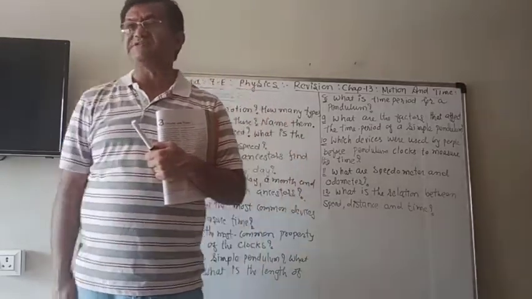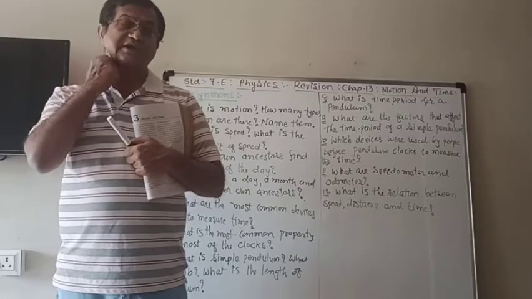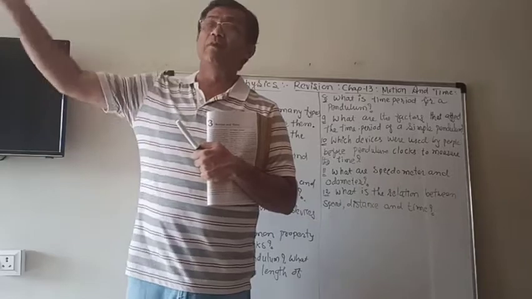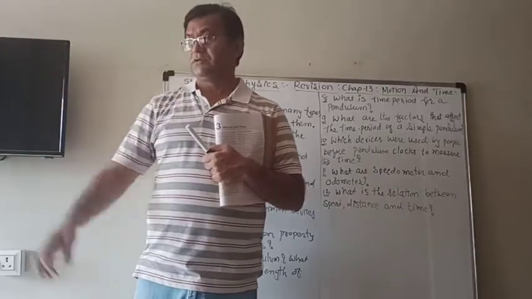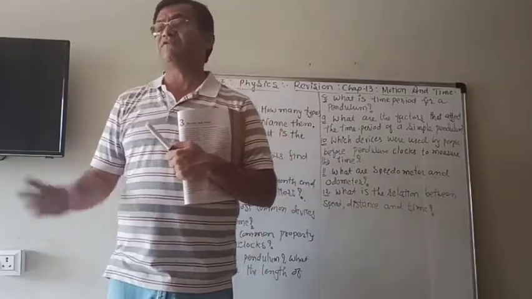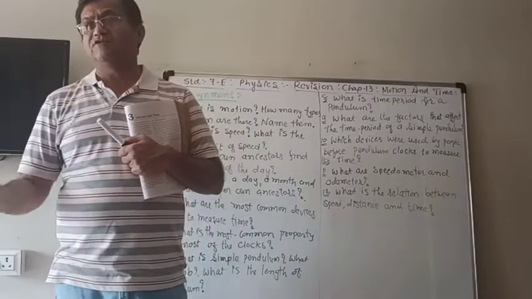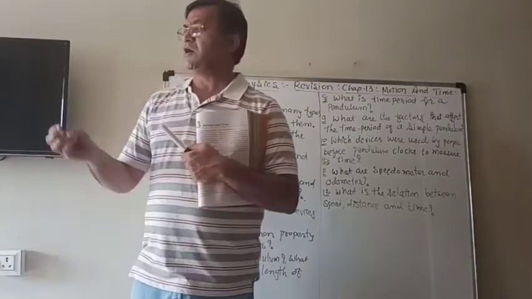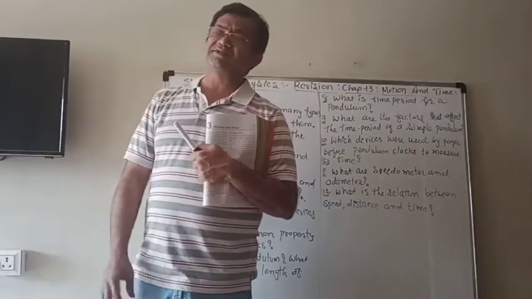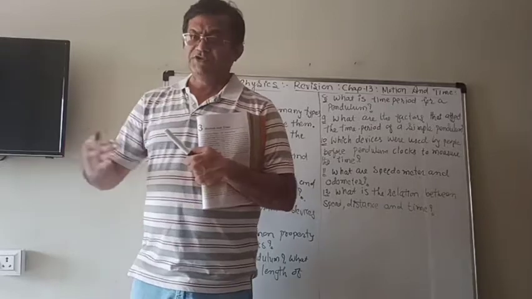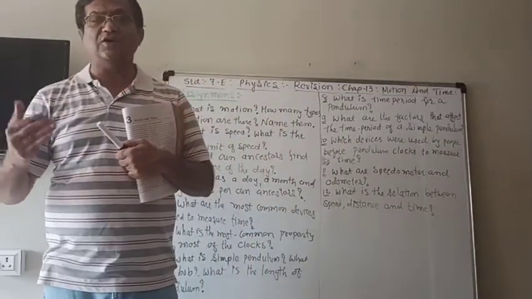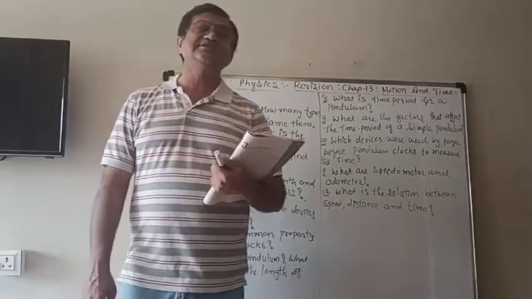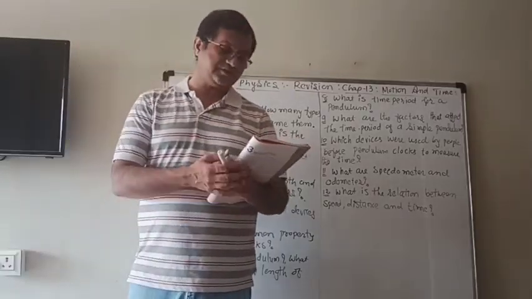Similarly, if a particular time is given, the object which covers the most distance in that time is the fastest one, and the one covering a small distance is the slower. So the relativity of the motion, we can say it as the speed of the object.